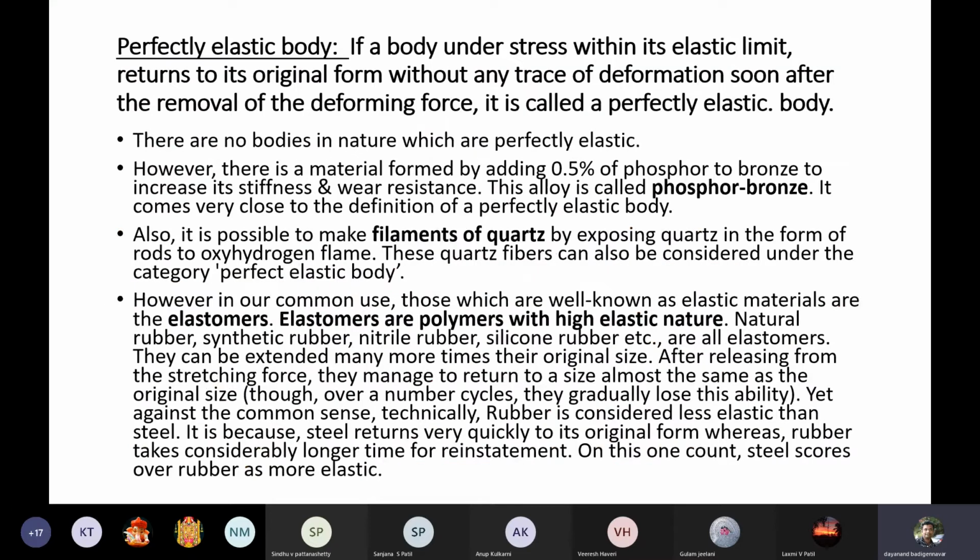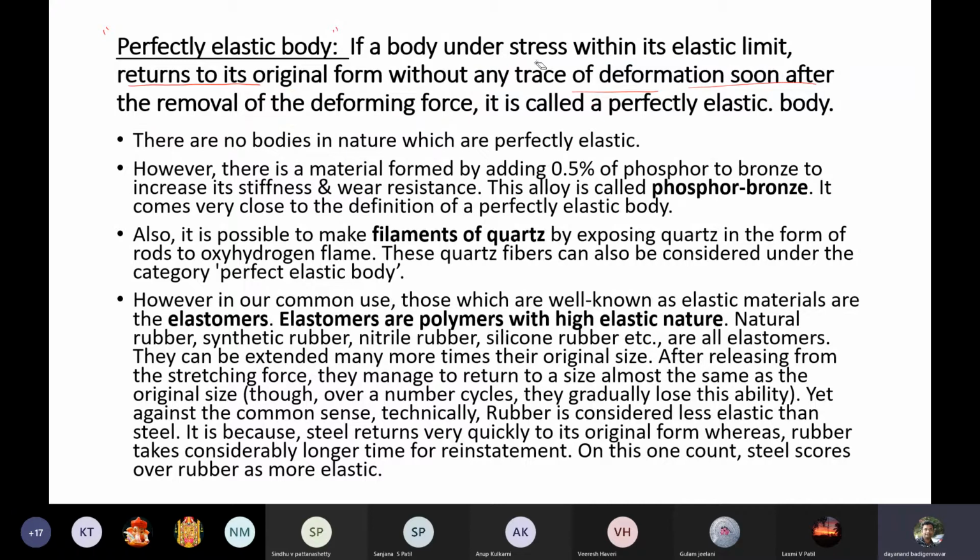Here you should know the meaning of a perfectly elastic body. What is a perfectly elastic body? If a body under stress, within the elastic limit, returns to its original form without any trace of deformation soon after the removal of the deforming force, that is called a perfectly elastic body.